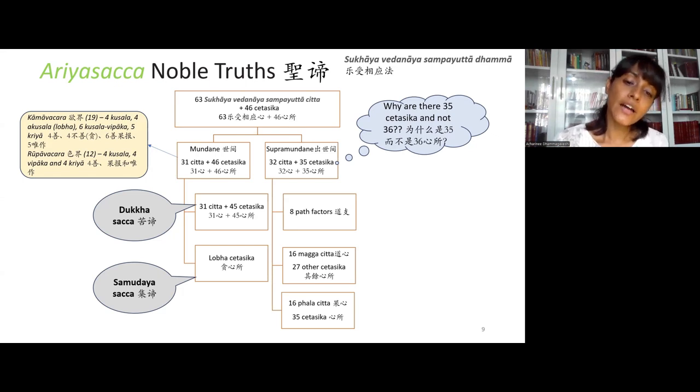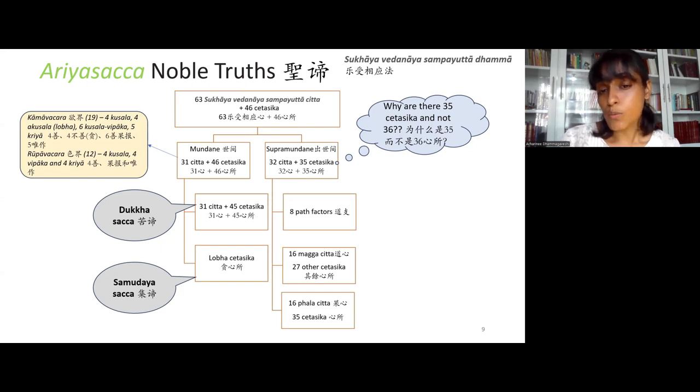Now we need to break down these supramundane Chitta Cetasika so that we can classify them according to the supramundane Noble Truths. So we have Nirodha Sacca and Magga Sacca. Nirodha Sacca is not here because Nirodha Sacca is Nibbana. We have only Chitta Cetasika under this term.